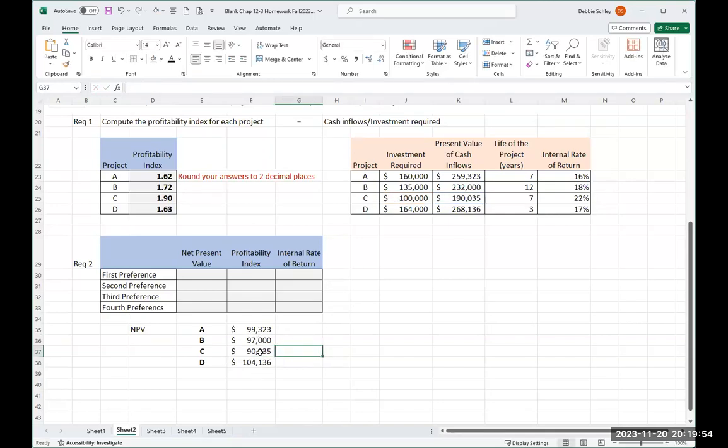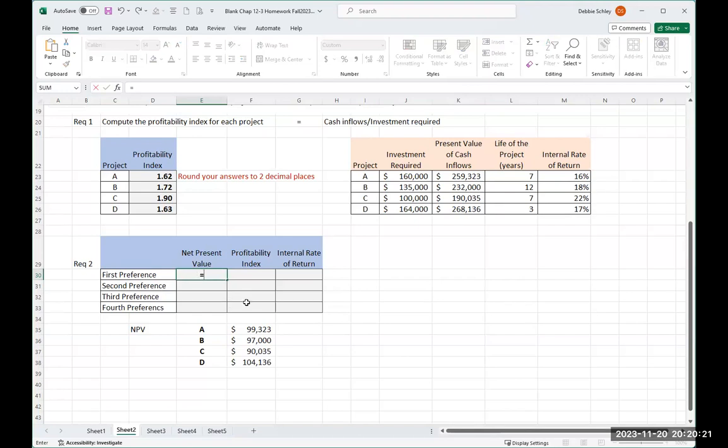Okay, so now I just need to rank these from highest to lowest because we want the one that is worth the most first. Again, double check and do your own calculations on this, because my numbers are different than yours. So it's possible that your answer could be different than mine on these, or it could be the same. I don't know how they work those kind of things.